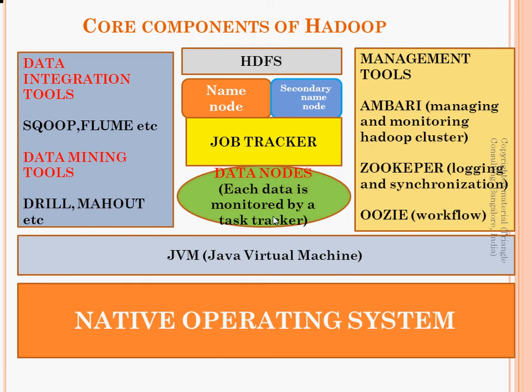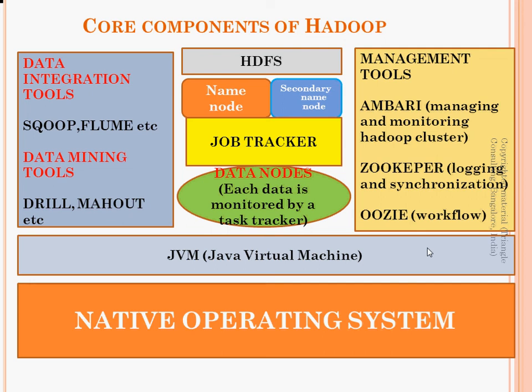When I say name node, it's a dedicated hardware and it has software running on it. The software which enables the functionalities of the name node runs on a Java virtual machine, a JVM. I'm not going to get into the details of explaining what exactly a JVM is, but the JVM runs on a native operating system, and by default Hadoop supports Linux.